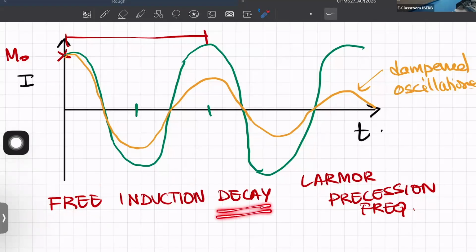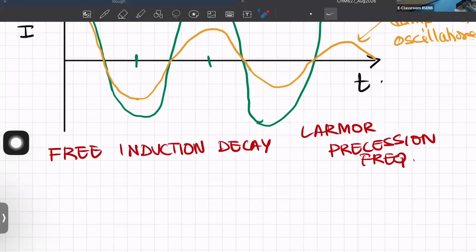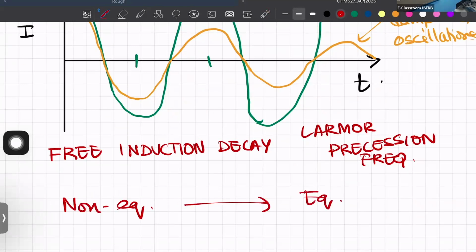And this current decays as a function of time. Because you create a non-equilibrium condition, it tries to go back to equilibrium. The process of moving from a non-equilibrium condition to an equilibrium condition is called relaxation.